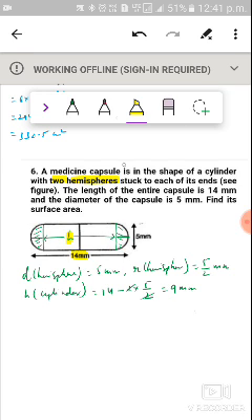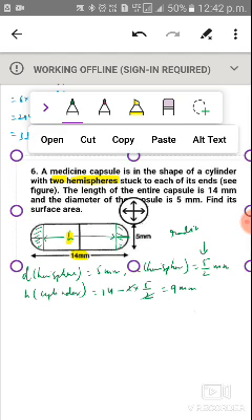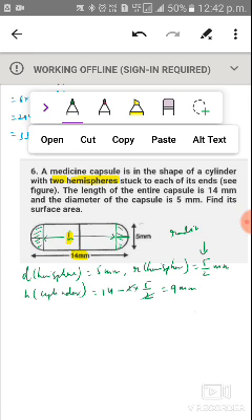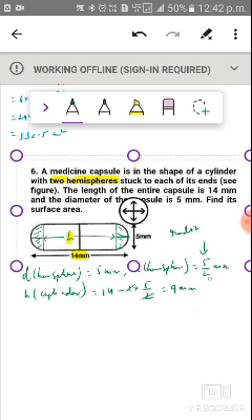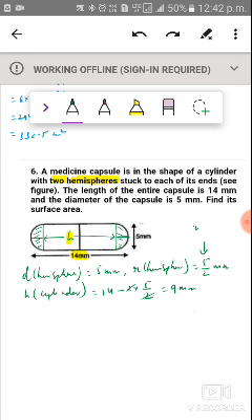Now you see the radius of the cylinder. The radius of the cylinder will also be 5 by 2 millimeter, right? So I can write here radius of cylinder.